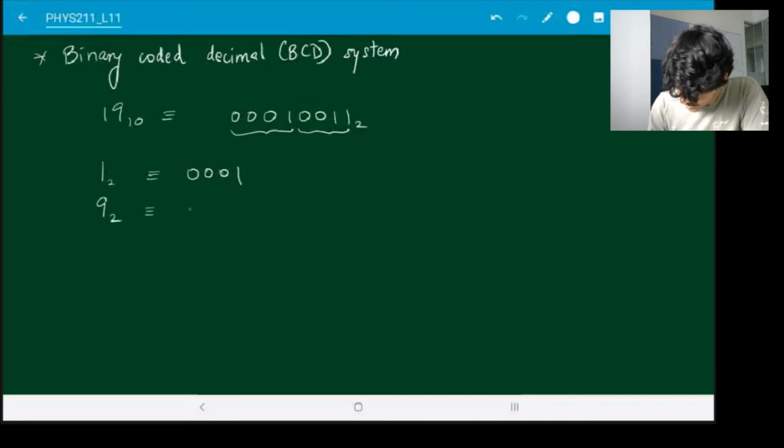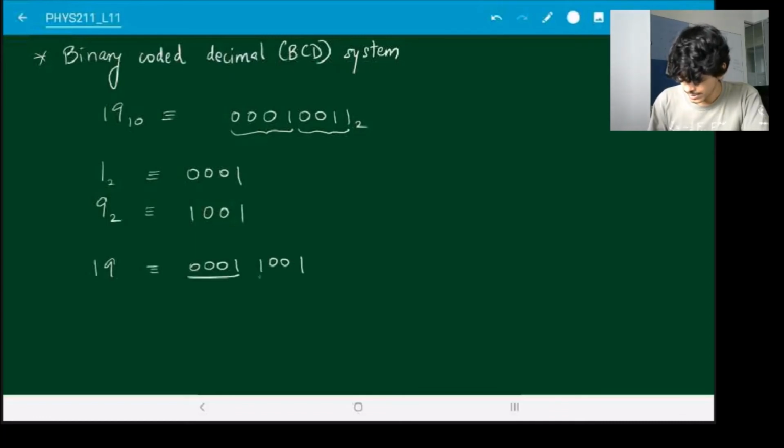That is 8, 4, 2, 1, so 8 and 1. Then I can put this 1 and this 9 together to make a particular representation of 19. So I can write 19 as 0001 1001, because this is 1 and this is 9.